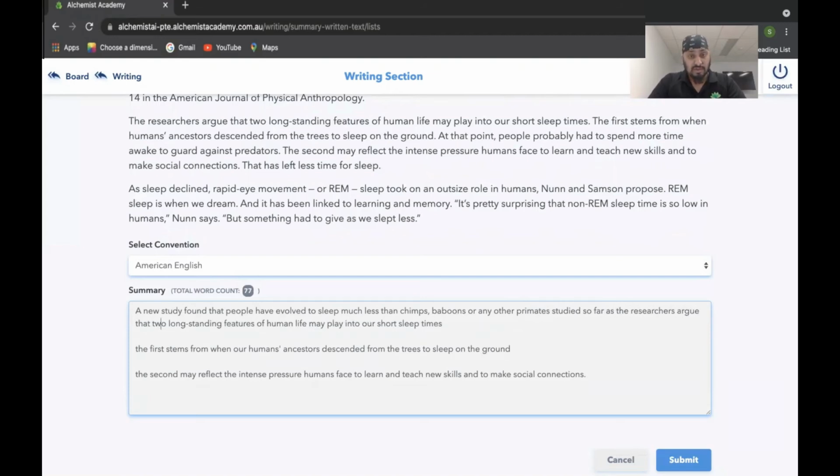As researchers argue, there are two long-standing features of human life that may play into short sleep times. Fair enough. All right.